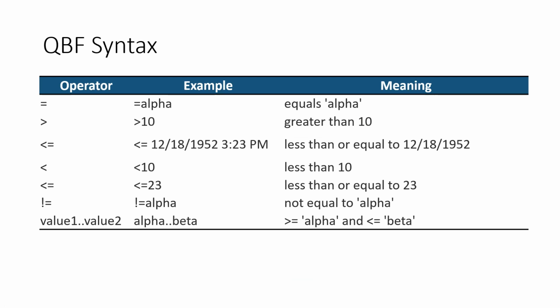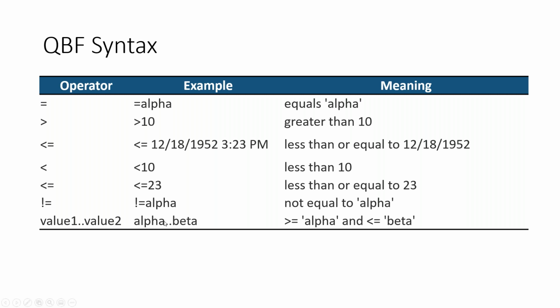The query by form syntax supports operators like equals, greater than, less than, or not equals with the exclamation point. But it also has a few other features, such as this dot syntax, meaning searching a range. If you have set up QBF syntax on a name field or a date, people could search for all users with names between John and Steve using these two periods between them.